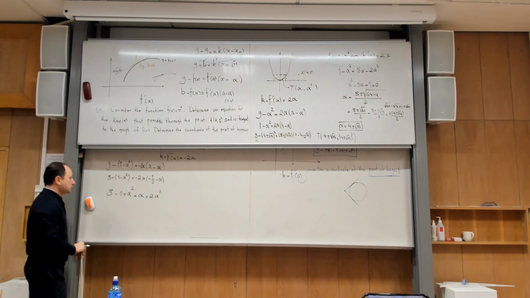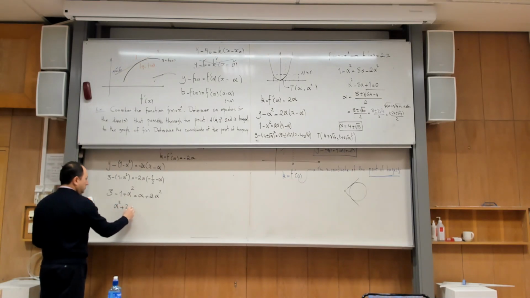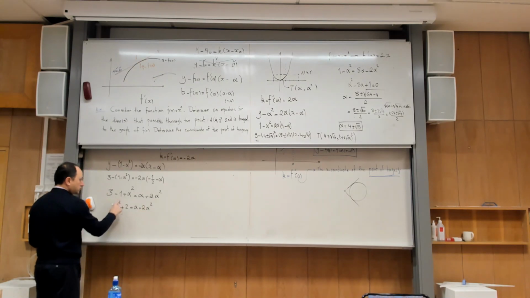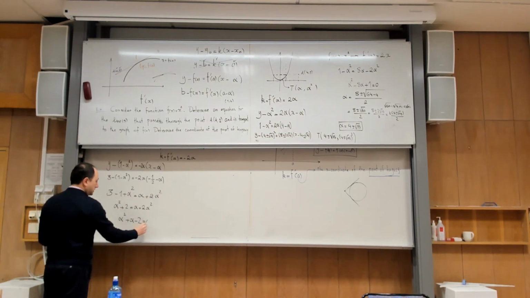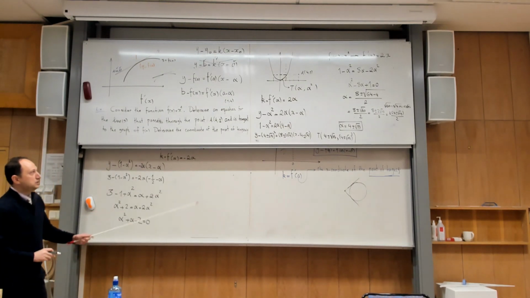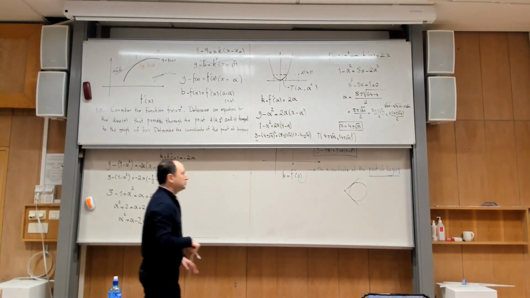Then you see that that's a quadratic equation, so it becomes alpha squared, 3 minus 1 is 2, is equal to alpha plus 2 alpha squared. I move alpha squared to the other side, 2 alpha squared minus alpha squared is alpha squared. I have alpha there. I also move 2 to the other side, it becomes minus 2 equals to 0.